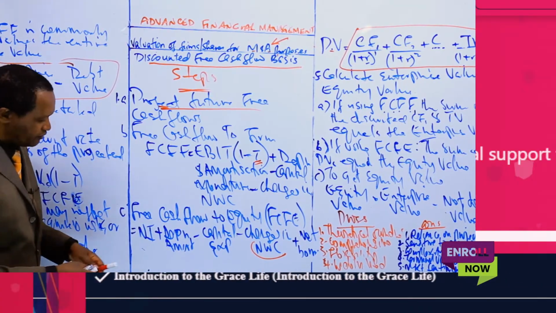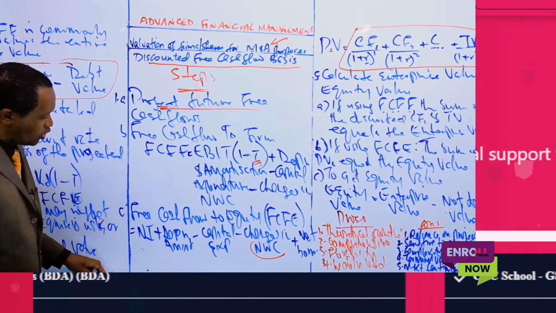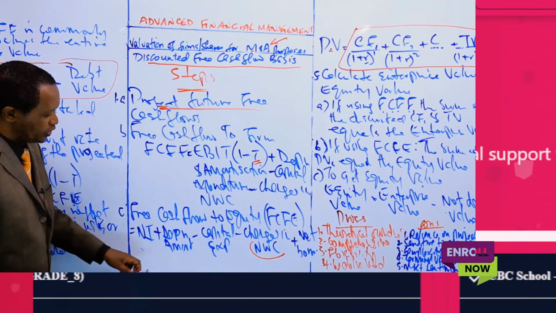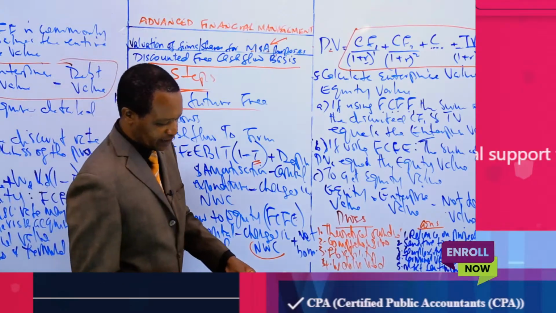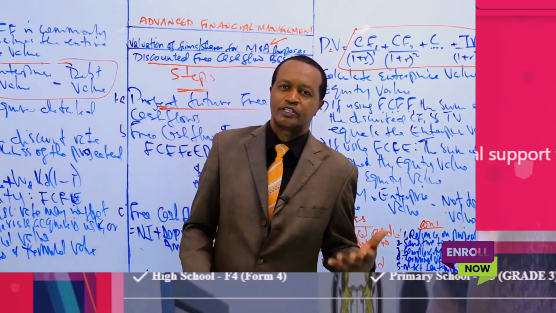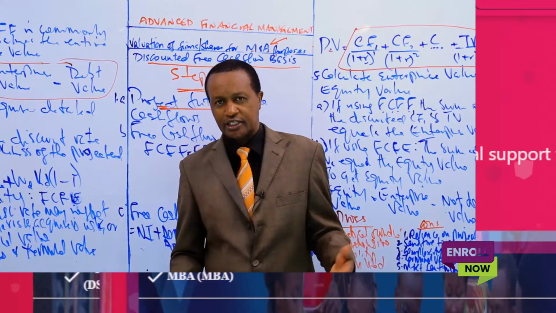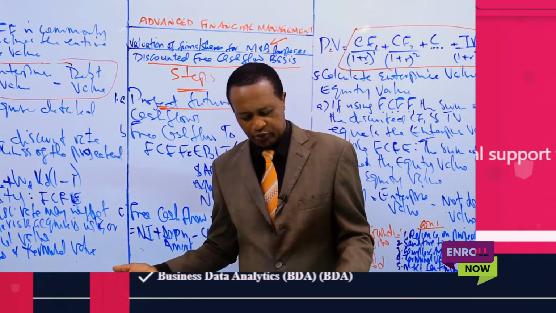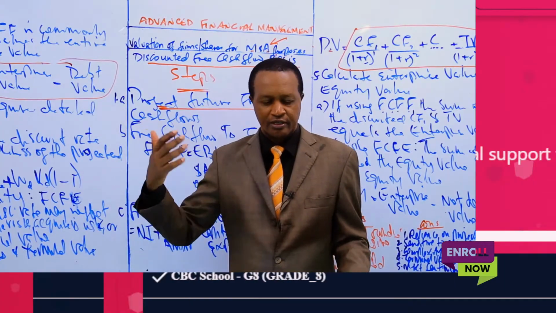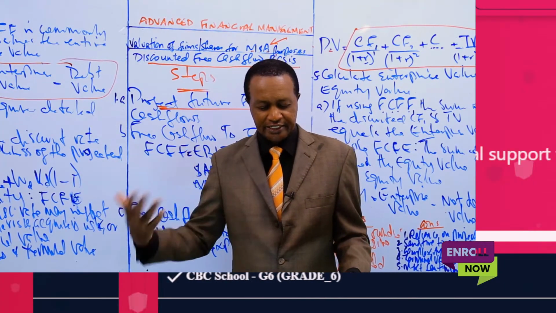So candidates, we have analyzed all the valuation techniques in valuing targets for the purposes of mergers and acquisitions. This is the last technique, discounted free cash flow method. We began by studying the net asset basis.